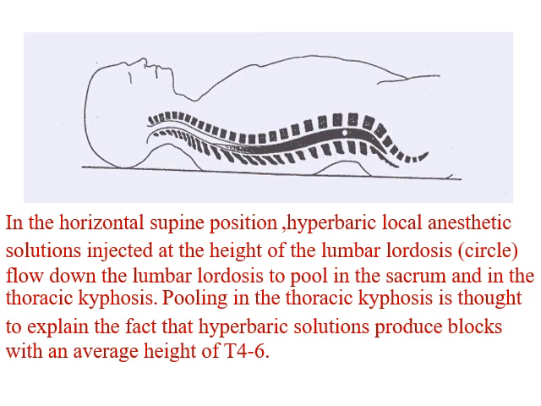Hyperbaric local anesthetic drugs injected at the height of lumbar lordosis flow down the lumbar lordosis to pool in the sacrum, as we see, and in the thoracic kyphosis. This pooling in the thoracic kyphosis is thought to explain the fact that hyperbaric drugs produce blocks with average height T4, T6.